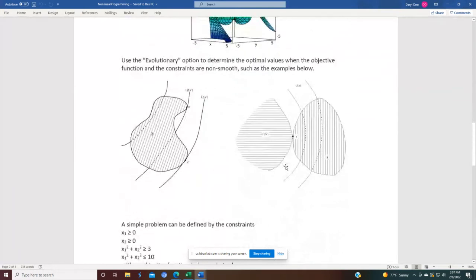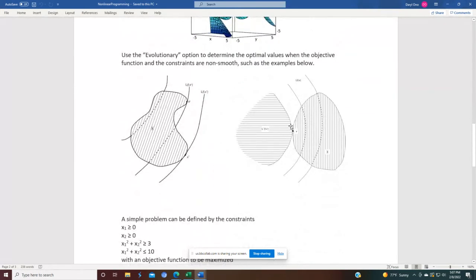A second option is when your feasible regions are funny shapes. They're not smooth. The option you choose in that case is called Evolutionary.